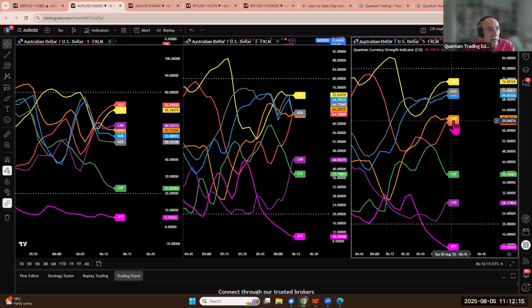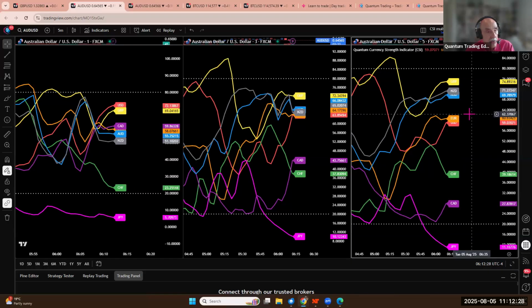So what the indicator does, it gives you all this information in a very clear, very straightforward way. It tells you when a currency is strongly overbought or strongly oversold, so you can look at opportunities for getting into a trend early. It tells you which currency pairs are trending strongly, and which are in congestion.